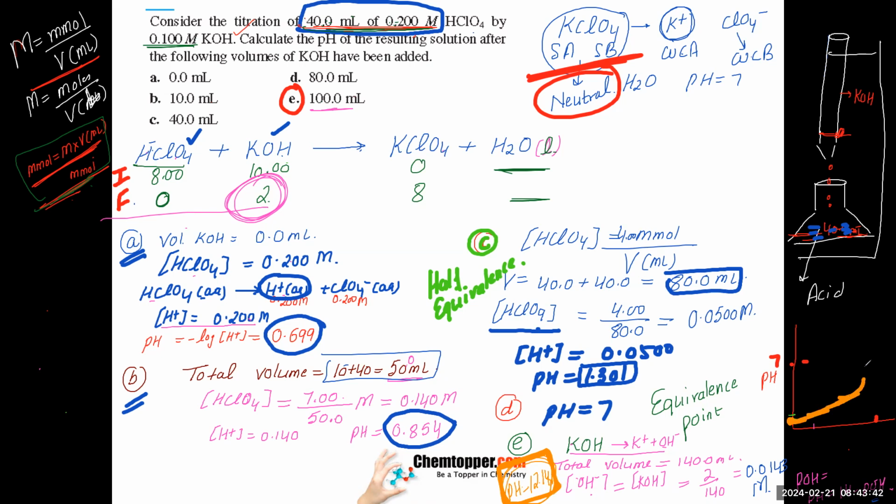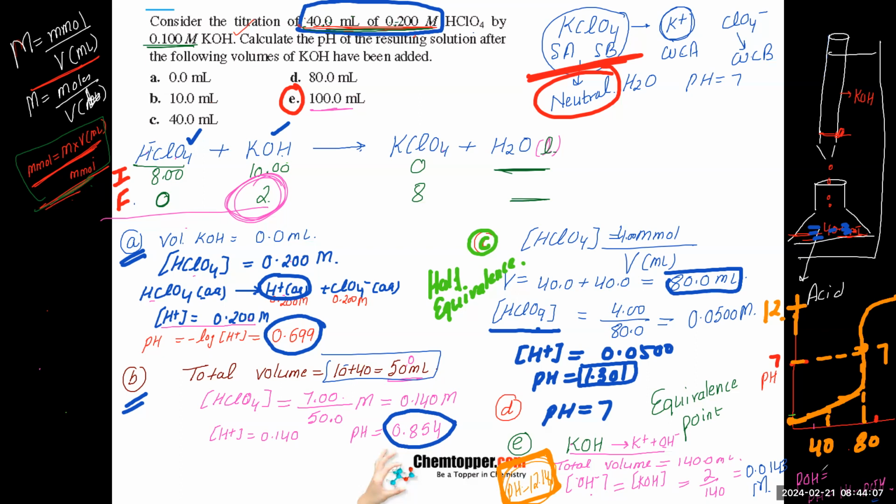Then there is a sudden jump in the pH going very high. This point is somewhere around 12. This is your 80 ml equivalence point. This is your 40 ml half equivalence point, right? pH here is 7. It's a neutral salt.